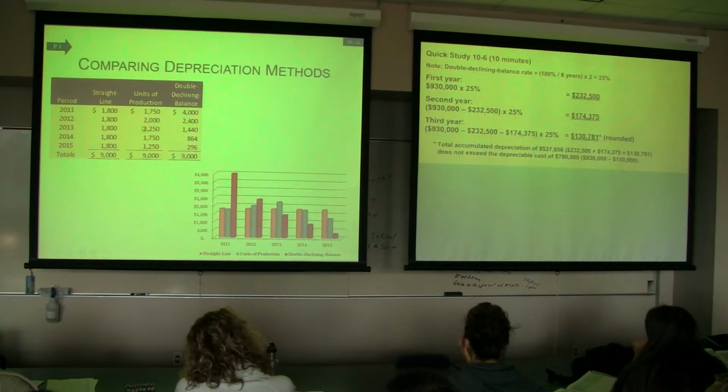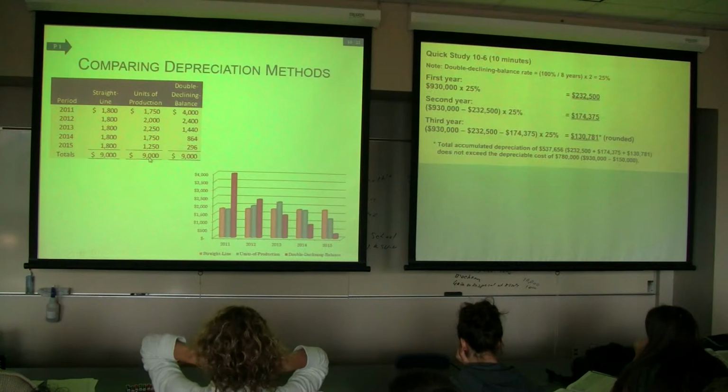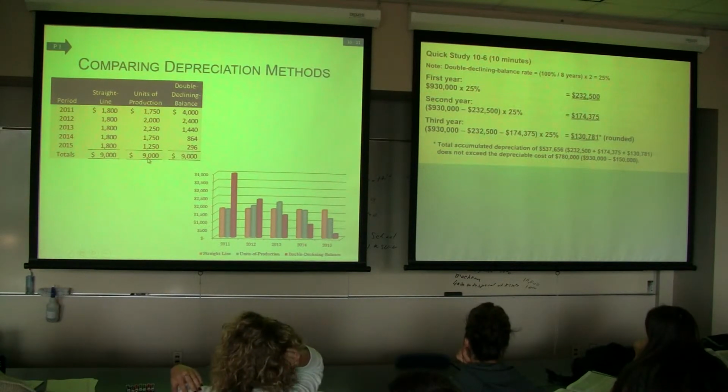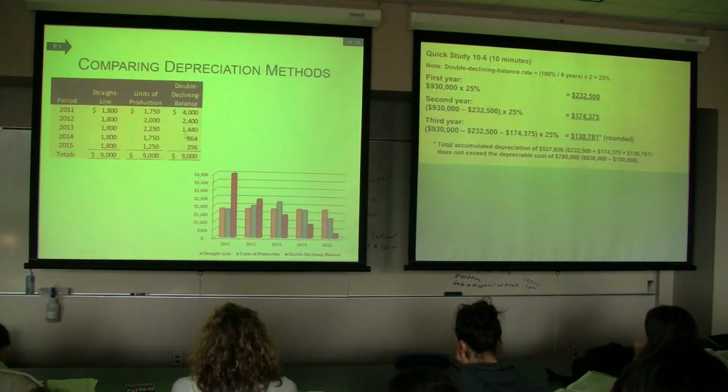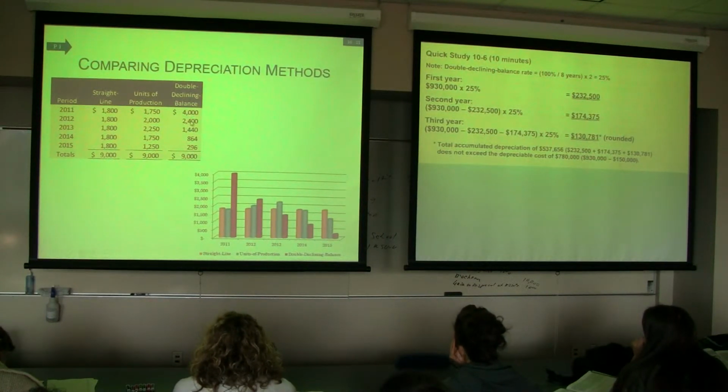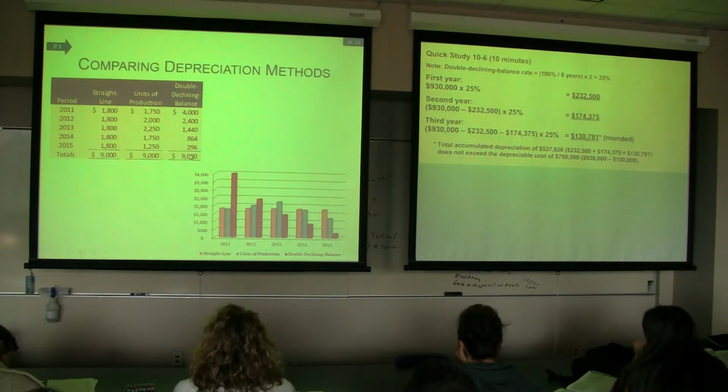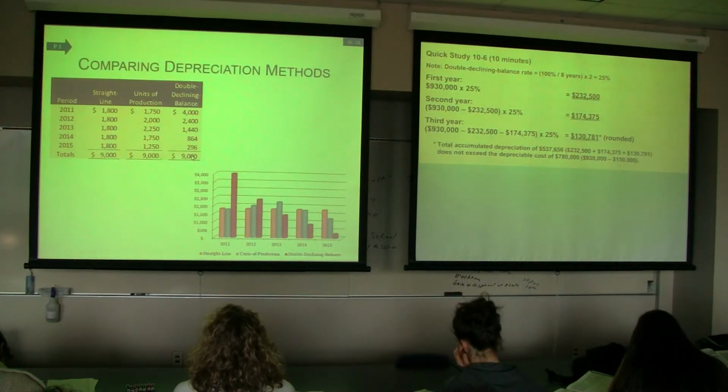Units of production, of course, varied by production, but it ended at the total depreciable cost. And the double declining had the most the first year, less the second year, less the third, and then the last year was an amount that brought it to the depreciable cost. In other words, you had to stop at whatever the salvage value was. Is another way of saying the same thing.